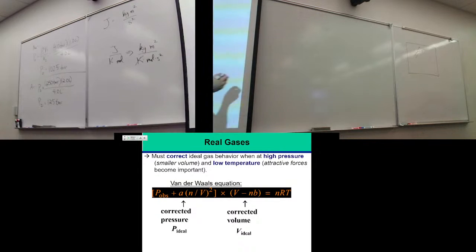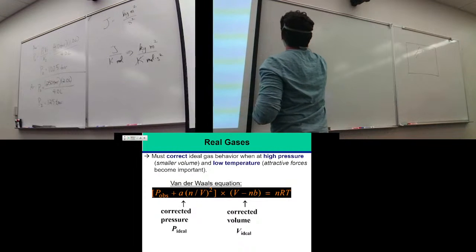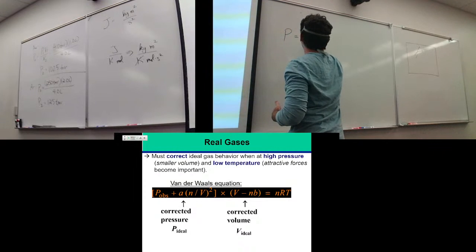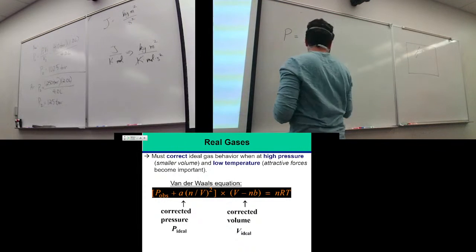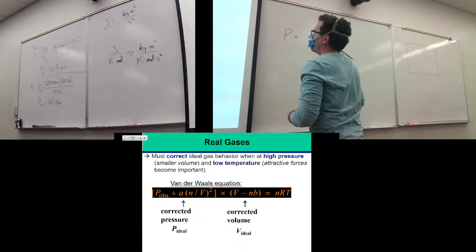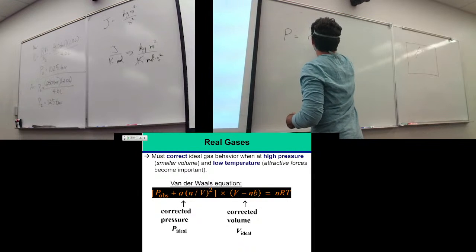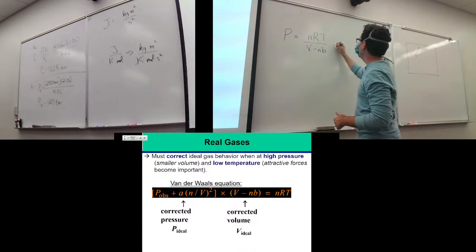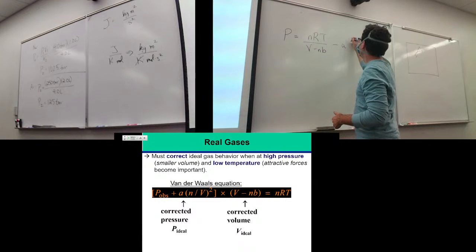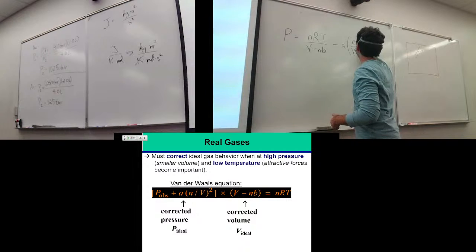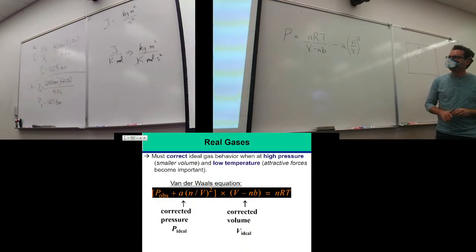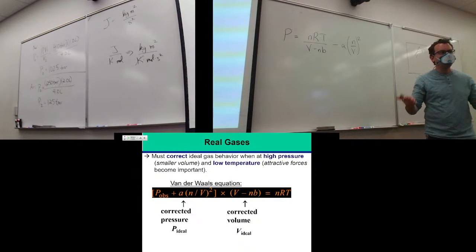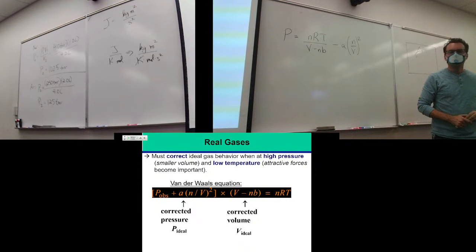So what ends up happening is your pressure is equal to nRT over V minus nb, minus a times n squared over V squared. This is the van der Waals equation, which is the real gas equation.